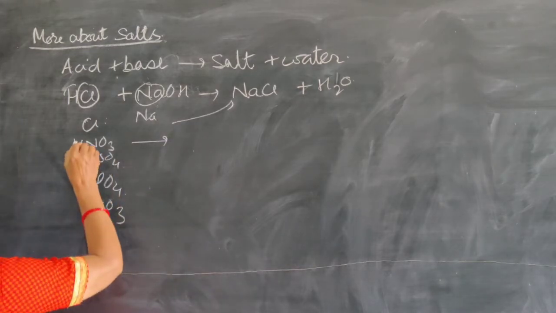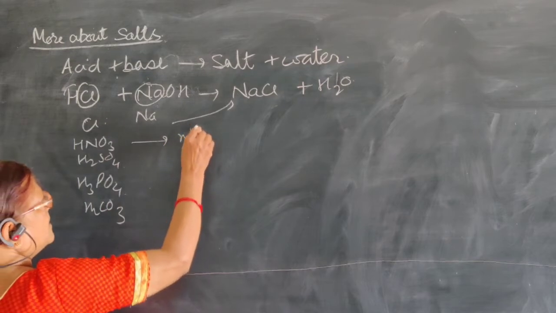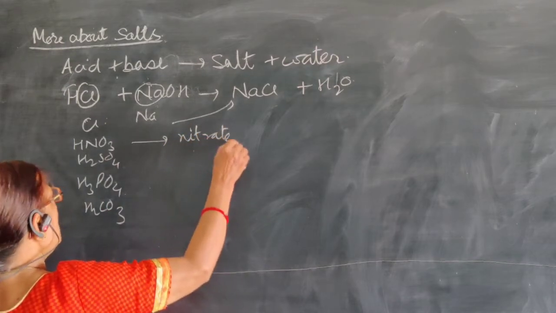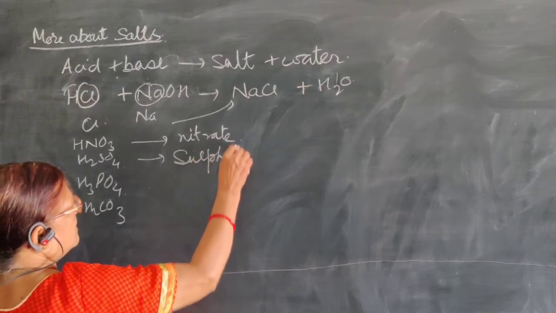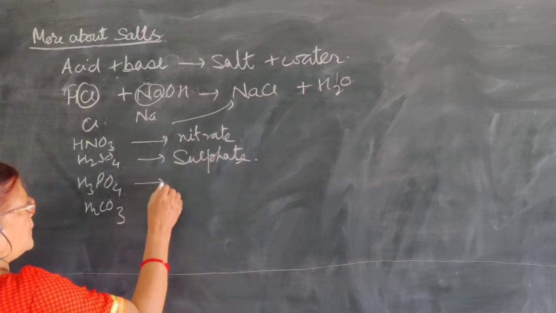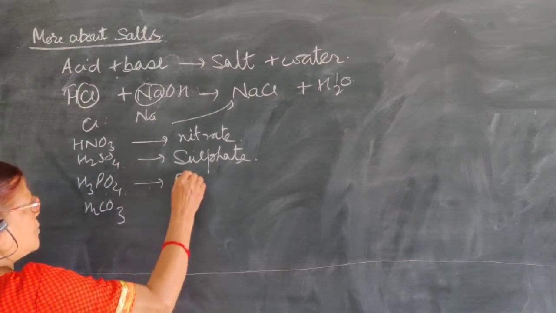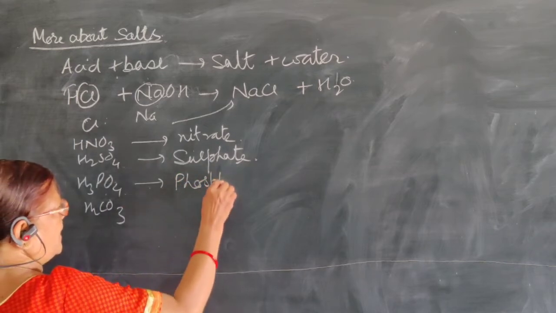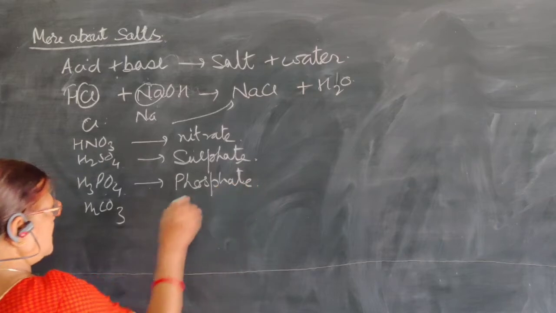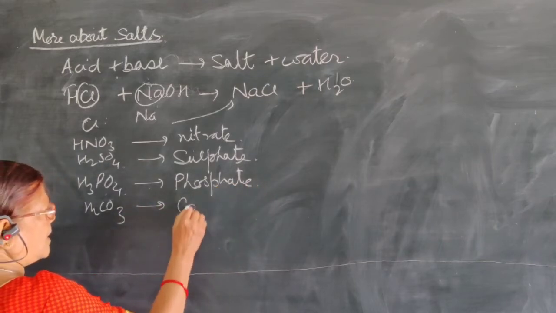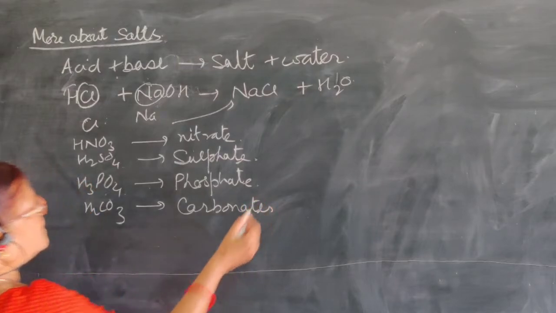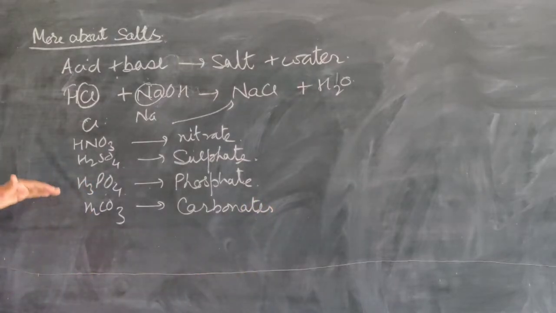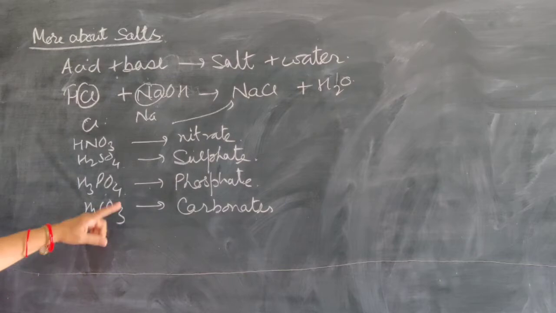By the replacement of hydrogen, from nitric acid you get nitrates, from sulfuric acid, sulfates, from phosphoric acid, phosphates, and from carbonic acid, carbonates. So these salts are classified on the basis of the names of the corresponding acid.